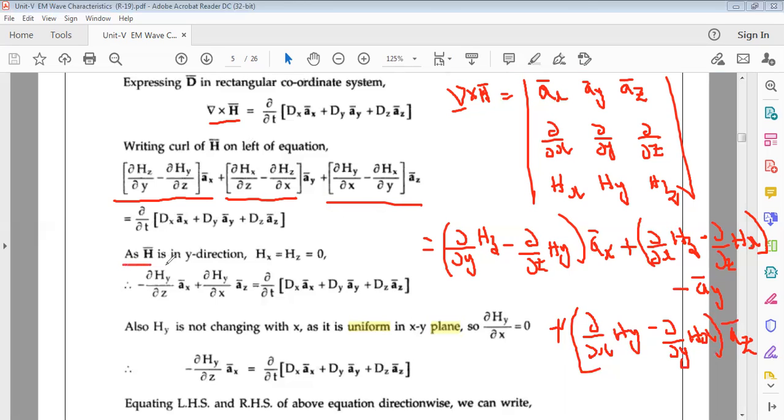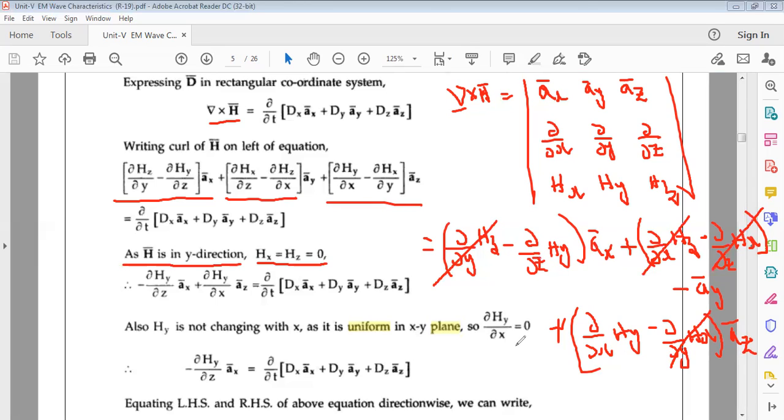And here, as H bar is in the y direction, Hx and Hz are equal to 0. Wherever the Hx is there, that is a 0. Hx is 0, and another Hx here is 0, and Hz is also 0. We have only the terms with Hy remaining.